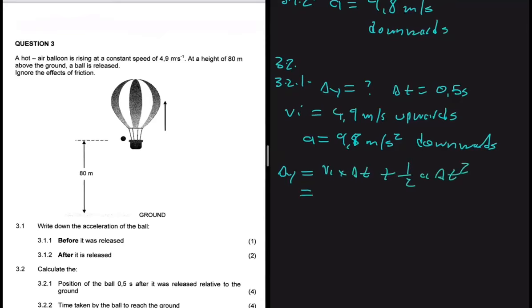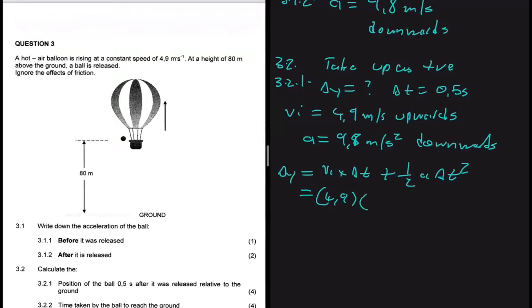So what we can do now is to just substitute. What is vi? We can see that vi is 4.9 upwards, right? So let's take up as positive. So everything that is upwards, we're going to put it with a positive sign, and things that are downwards, we're going to put a negative sign, right?